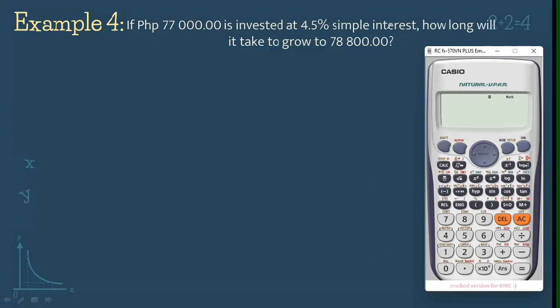How long will it take to grow to 78,800 pesos? The same formula lang po yung gagamitin natin, kasi siya po yung may mga variables ng kompleto. So we have here F is equal to P times 1 plus RT. We have the present value or the principal, the future value, and meron din po tayong rate.